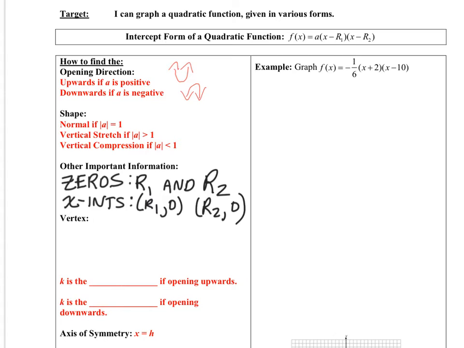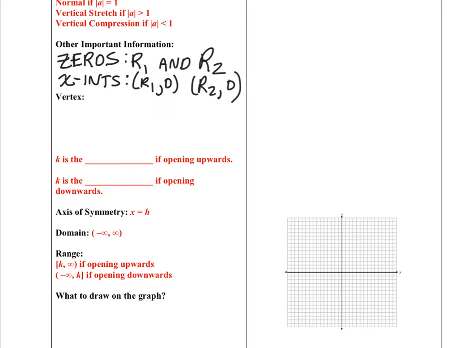And if r1 were a negative number, then it would be x plus r1, and you would have to subtract r1 from both sides. That doesn't make as much sense right now. Hopefully it'll make a little more sense when you see our specific example that we do.